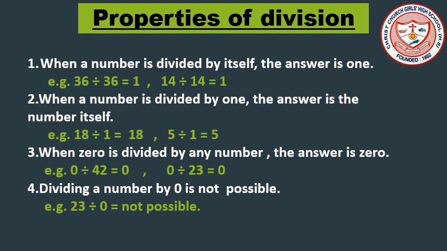Now the last point. Dividing a number by 0 is not possible. For example, 23 divided by 0.